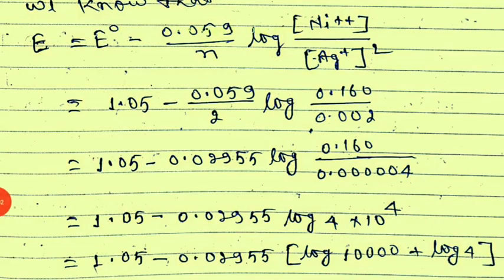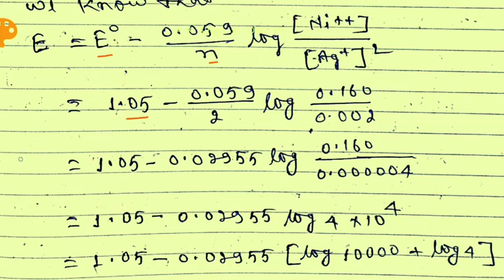So it is clear why Ag+ square is written here, because 2 silver ions are written in the above equation. Now put the value in place of the standard electrode potential. We have to write 1.05 minus 0.059 by the number of electrons lost or gained.